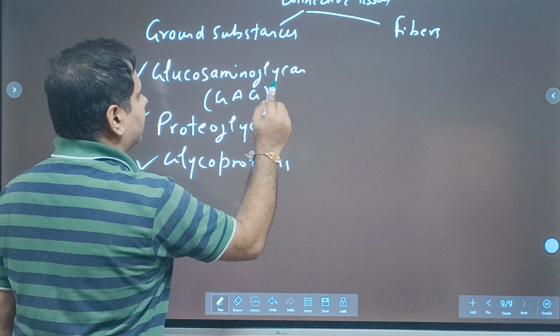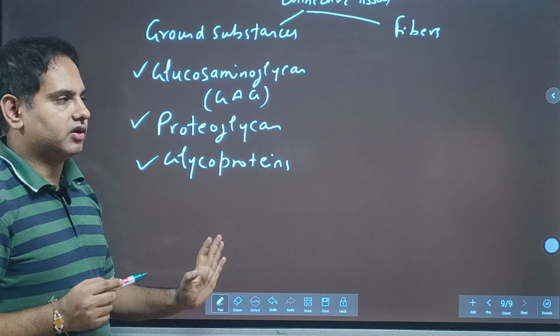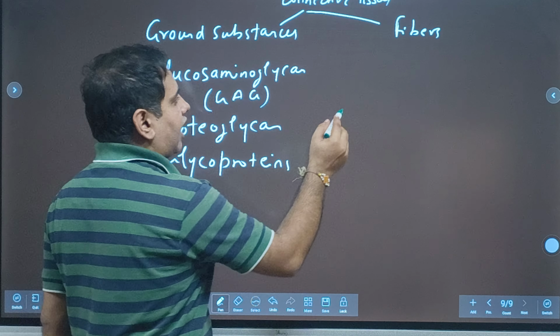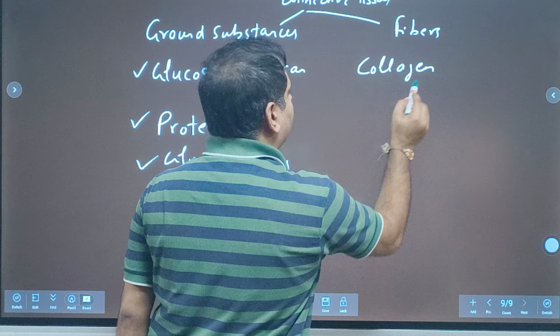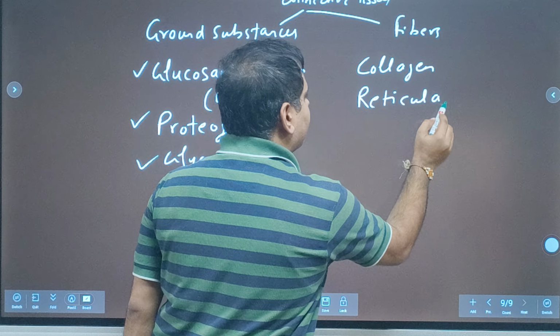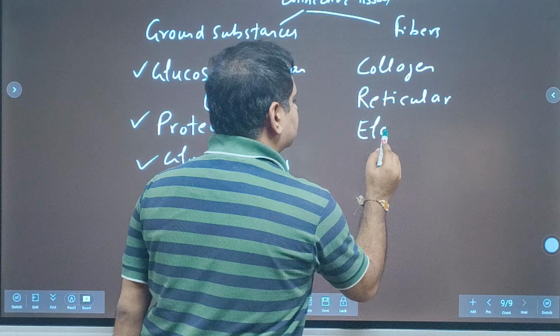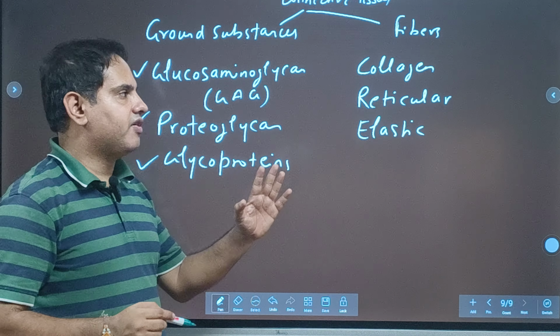These three are the ground substances in connective tissue. And the fibers are collagen fibers, reticular fibers and elastic fibers. These are the three fibers.